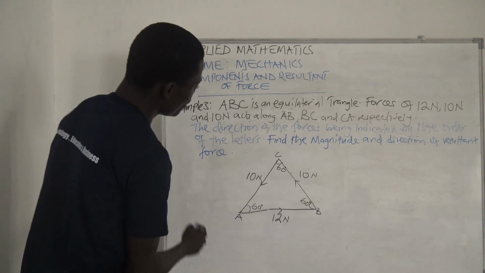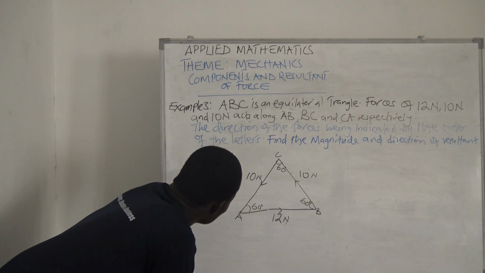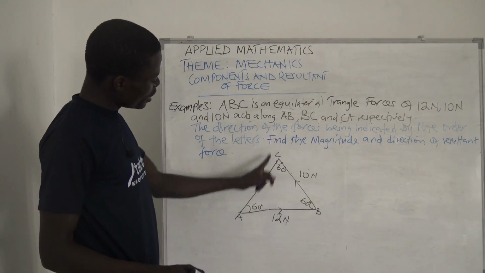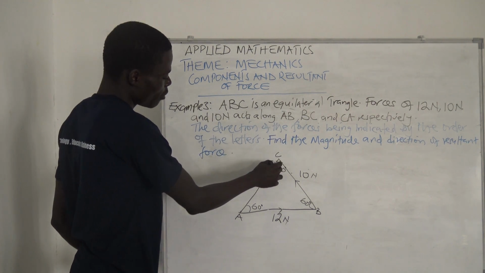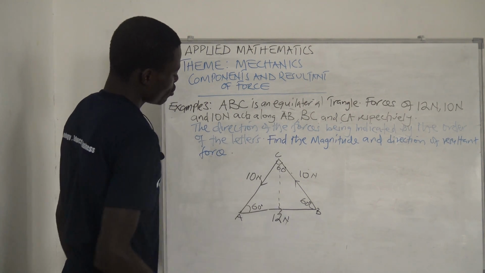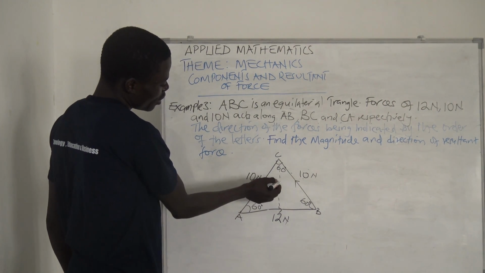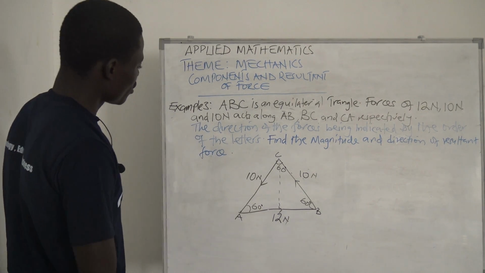So let us start with this component. If we take the vertical components of these forces, this one will go up and this one will come down. So vertical components, we shall have 10 going up and 10 coming down.